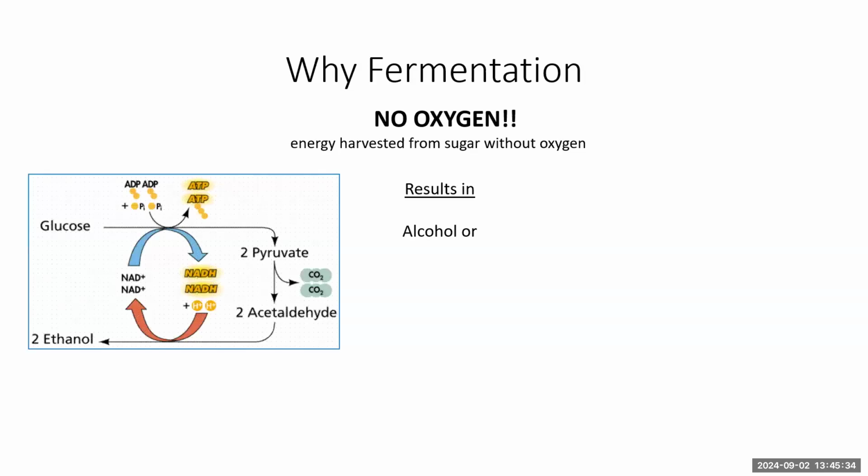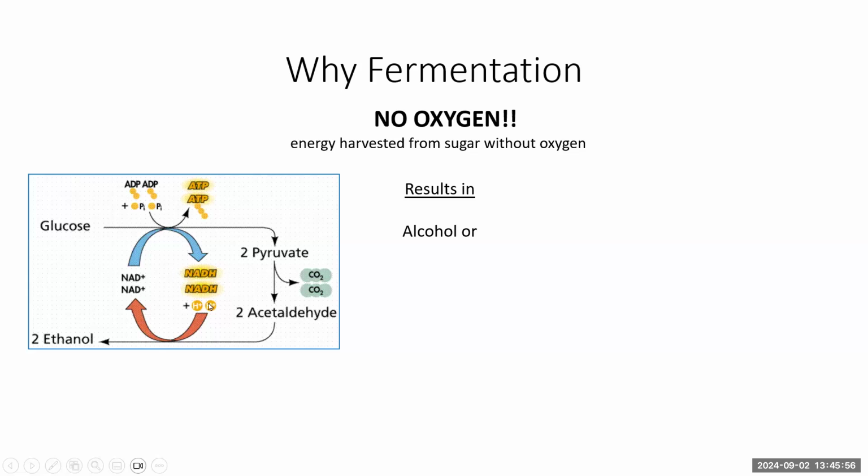And we have two options. Option number one: we take that pyruvate and we take 2 carbons off of it. In other words, we make 2 more carbon dioxide, so we can make bubbles if you want, and convert it to ethanol.